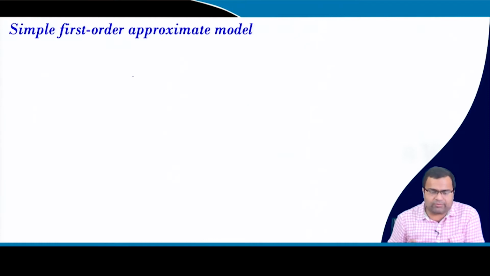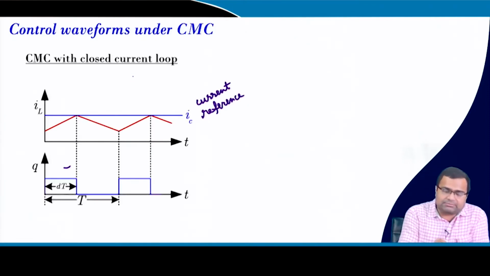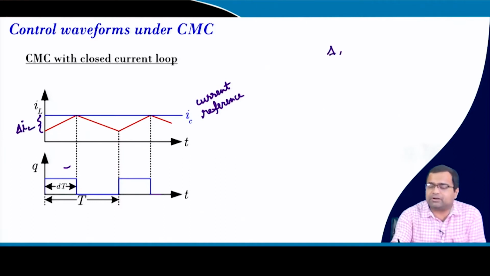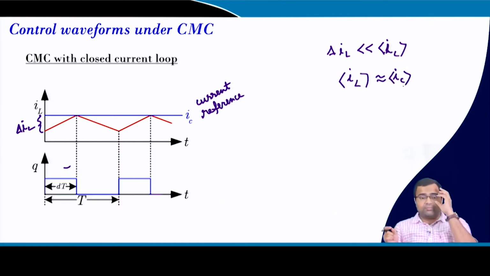Suppose our ripple is negligible, that means if delta IL is very small compared to IL average, then IL average can be approximately replaced by this current reference.